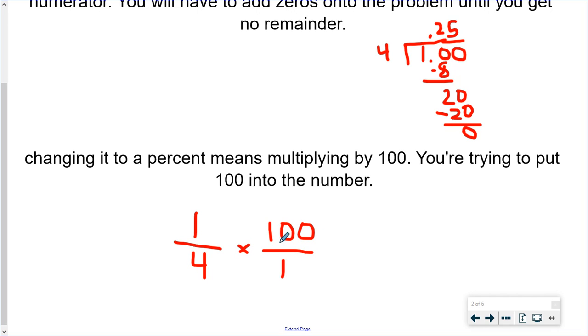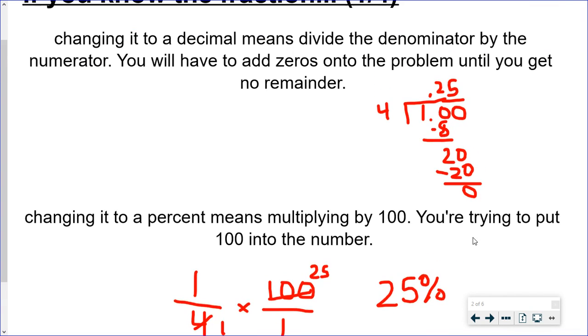And what I would do is reduce before I multiply here. I know that 4 and 100 can both be divided by 4. So this is a 1, and this is a 25. Okay? And if I multiply across, that's 25 over 1, which is 25. And then we want to make sure to put the percentage symbol in there, which is 25%.